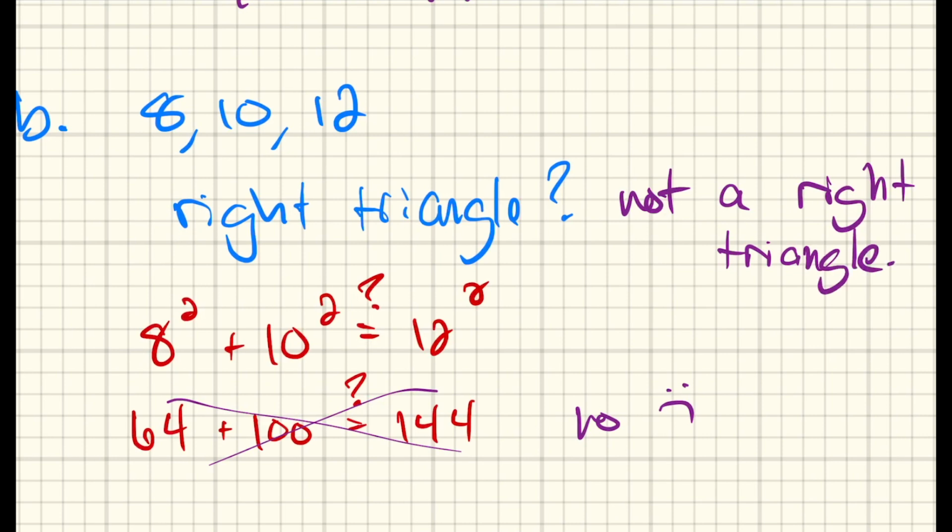Take a look at the side lengths and check your progress for A and for B and tell me whether or not they form right triangles doing the same thing.